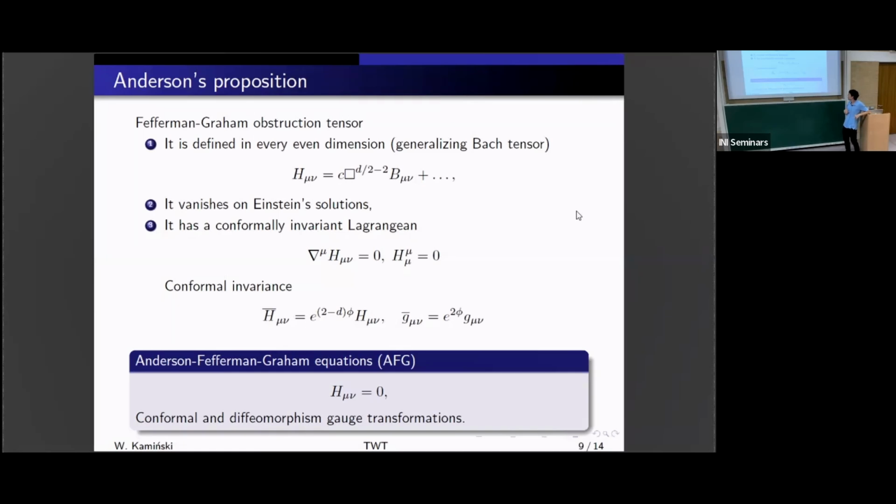Actually, this Lagrangian, I think it's not known. So one knows Lagrangians for the Pfefferman-Graham tensor, but they are not conformally invariant. So one can take holographic volume or Q curvature, but there also exists a conformally invariant Lagrangian.